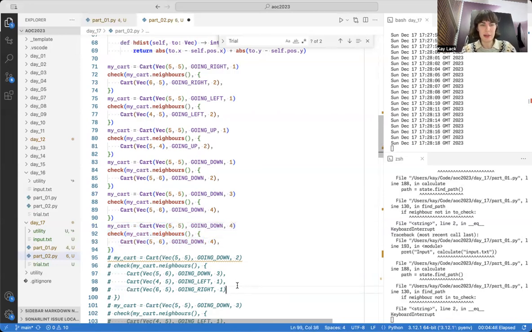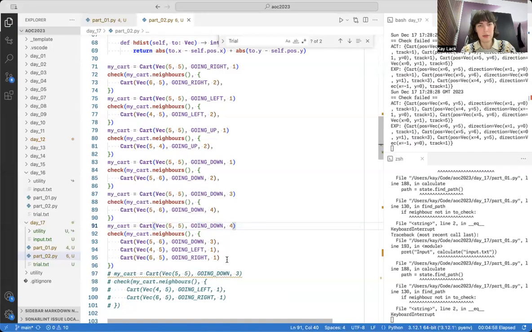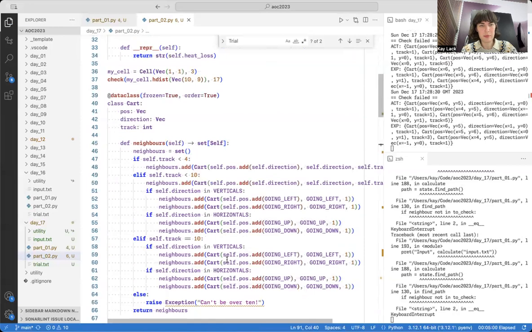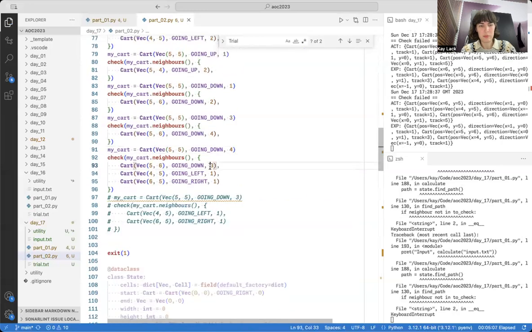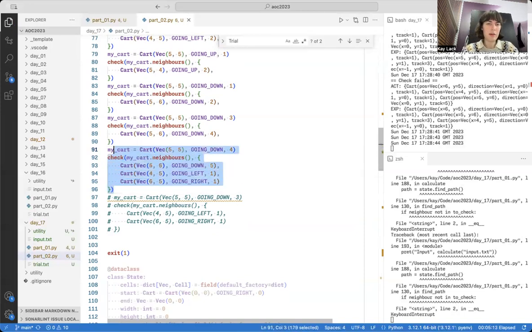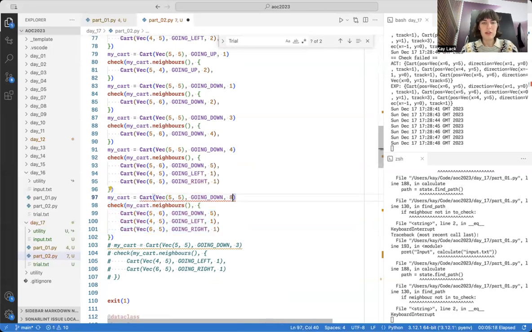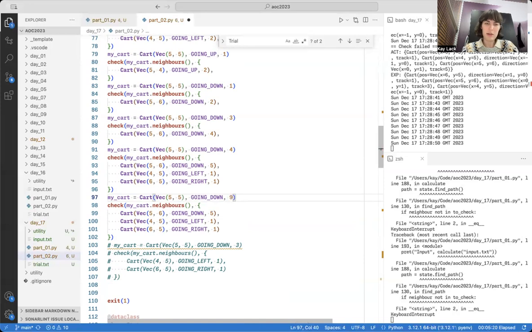At 4, it can. At 5, it can turn, 6, it can turn, 7, 8, 9, it can turn.